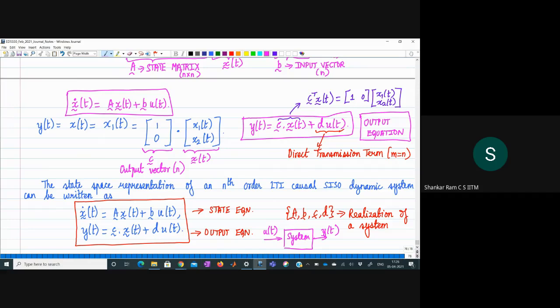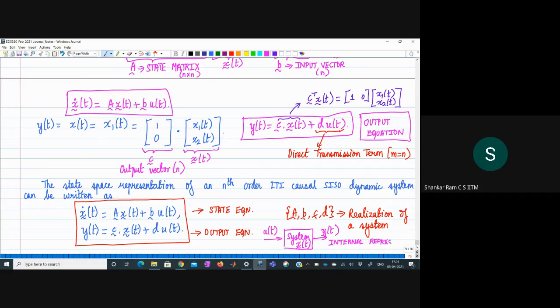However, in the state space representation, the relationship goes through x, which is internal to the system, or it characterizes the internal dynamics. For that reason, some people call the state space representation an internal representation.